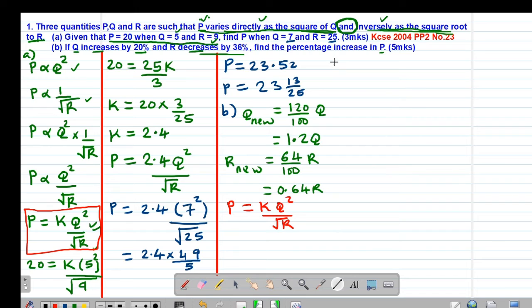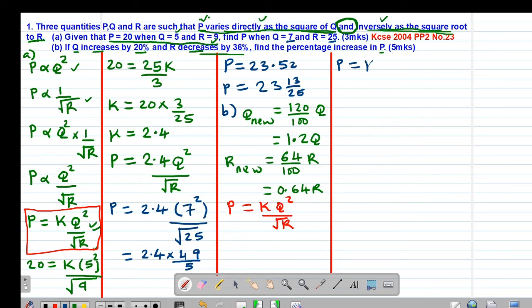Then we need to look for the new P so that we can find the percentage change. To find the new value of P, I'm simply going to substitute. Remember K is a constant, so it's not changing.